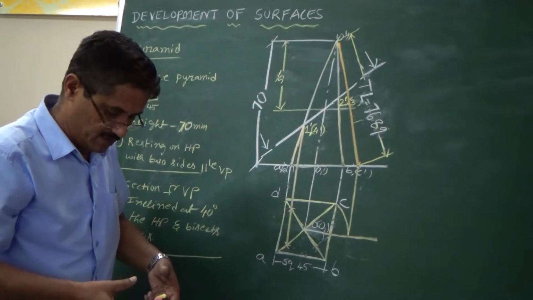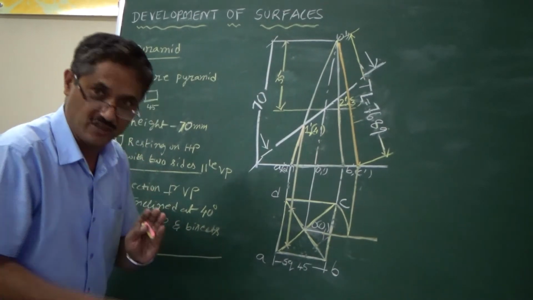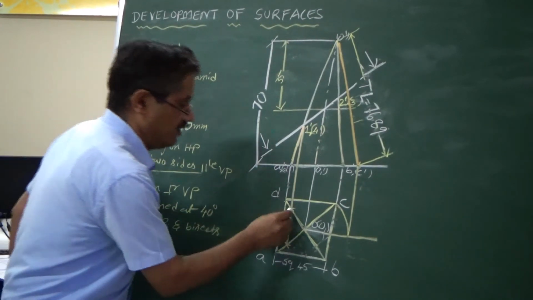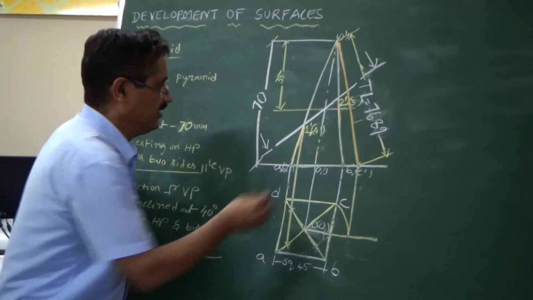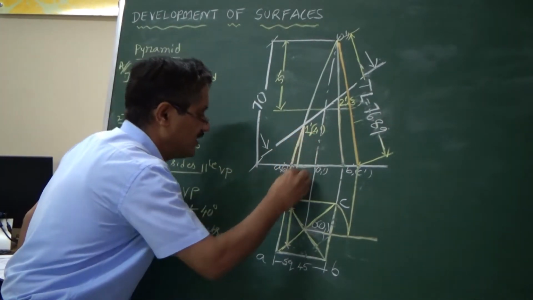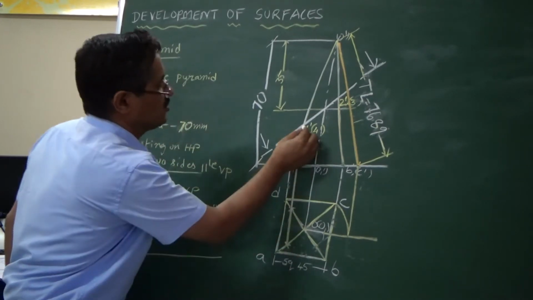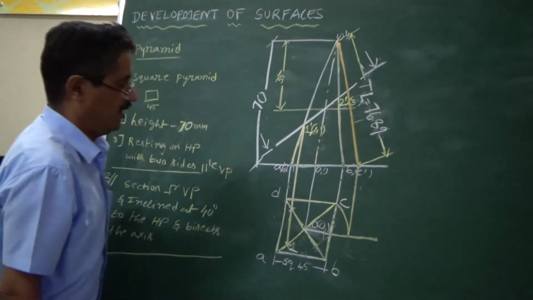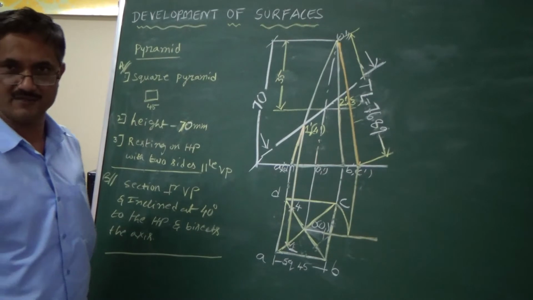When you look from the top, you can see both the cutting face and the bottom face together. So we have to represent that in the top view, which is an important thing. So let me drop down like this. I get one point here and another point here. This is visible, so let me call this 1, and this is invisible, at the back, so let me call it 4.